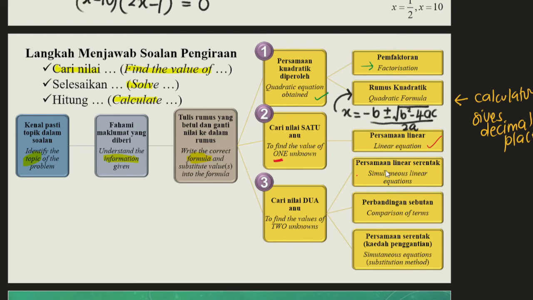To find values of two unknowns, you can use simultaneous linear equations, chapter 3 for Form 4. Comparing is a technique skill that you need to master. For simultaneous equations, you can use the substitution method, and at times you can also do the elimination method. You will get the same answer.